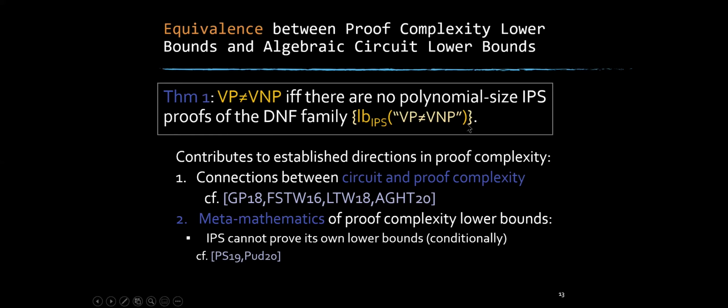We say something about the ability of IPS or strong algebraic proofs to reason about themselves. Namely, we show conditionally that IPS cannot prove its own lower bounds. And this relates to recent results by Pich and Santhanam, and also an interesting survey by Pudlák from last year.